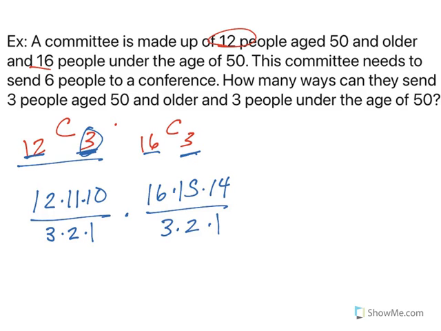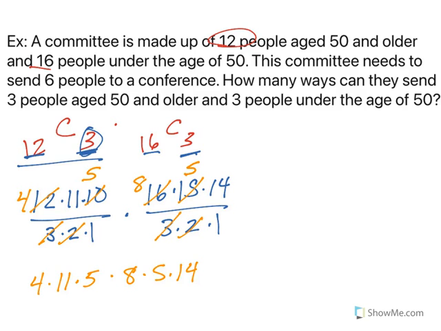And now I can simplify. So 3 goes into 12 4 times, 2 goes into 10 5 times. So I'm left with 4 times 11 times 5. On the right, 3 goes into 15 5 times, 2 goes into 16 8 times, 8 times 5 times 14.